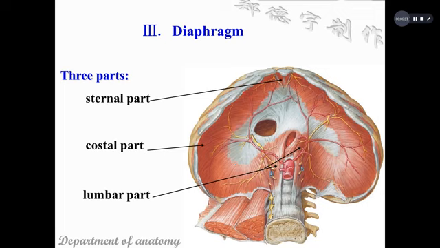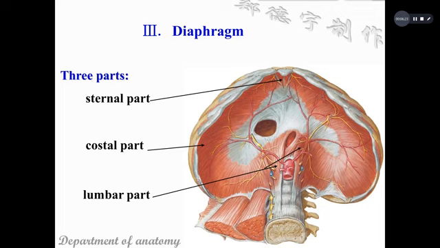So when we view the thoracic cavity, its true capacity is less than that of the thoracic cage because the diaphragm protrudes upward.